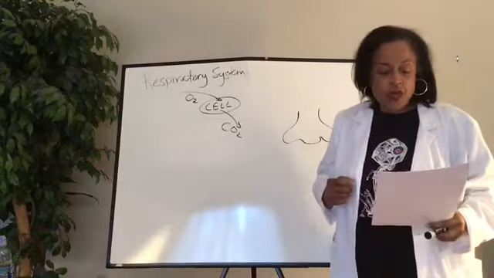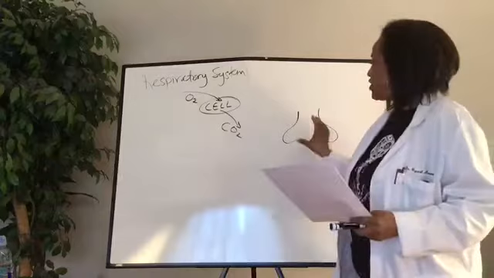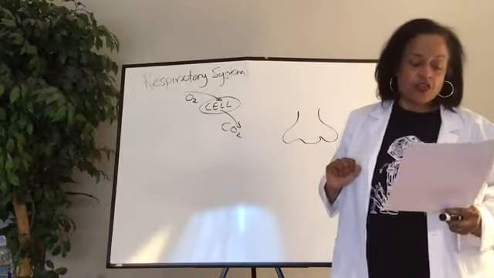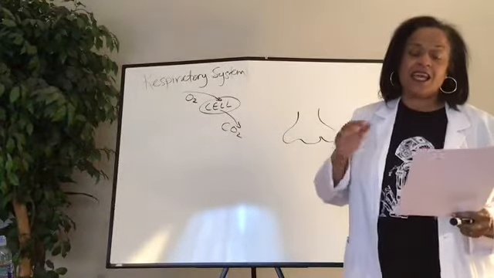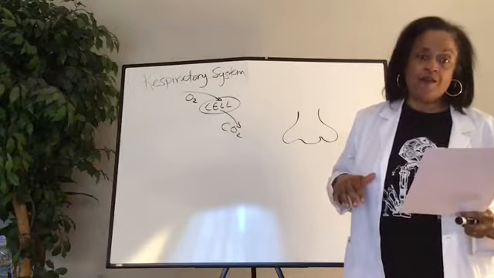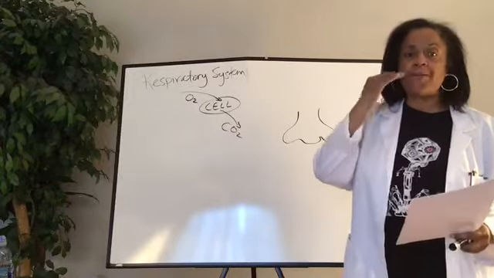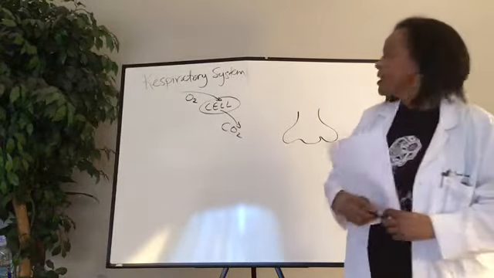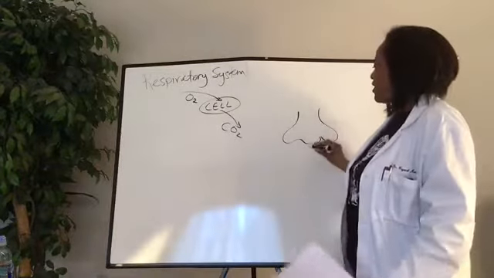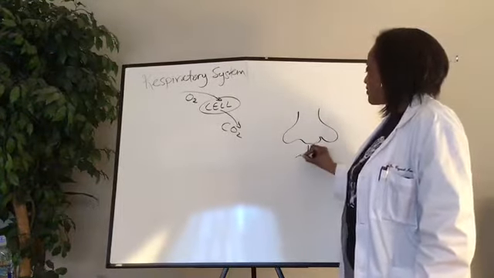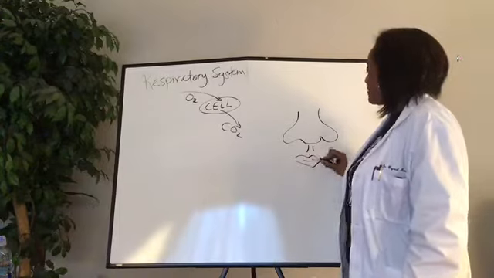So the internal nose, let's go to the inside of the nose now. The internal nose, or the nasal cavity, lies over the roof of the mouth and is separated by palatine bones. So here is the nose. I'll just draw this philtrum. We'll put some lips here.